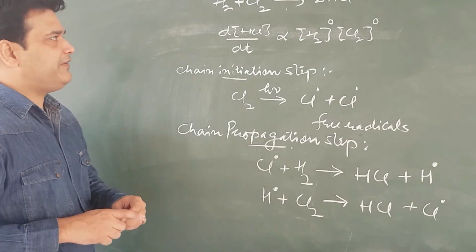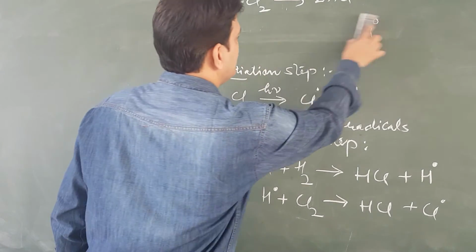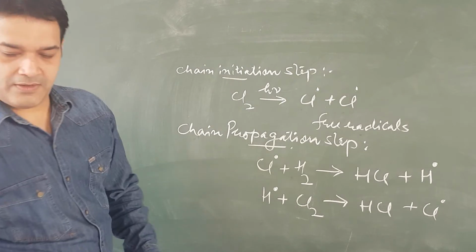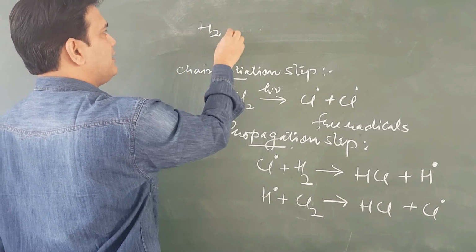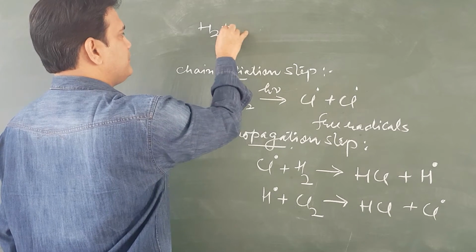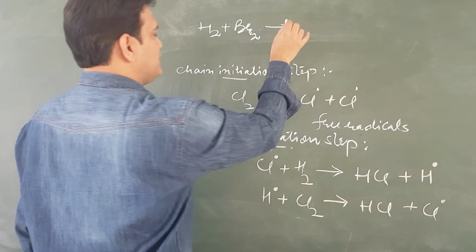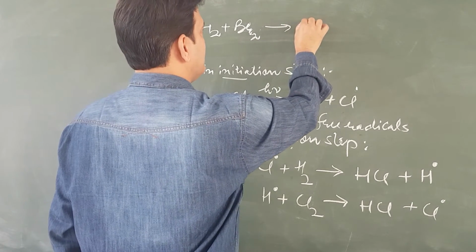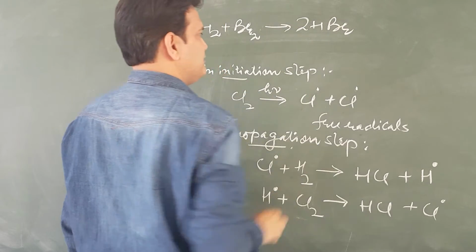And now if we talk about the reaction of H2 and Br2, H2 plus Br2, then it will be 2HBr.